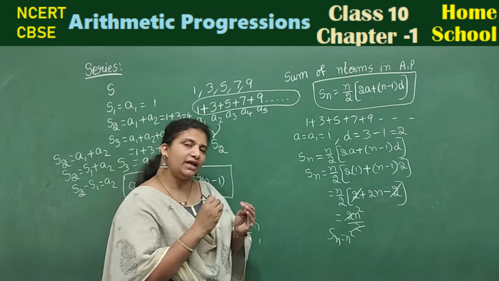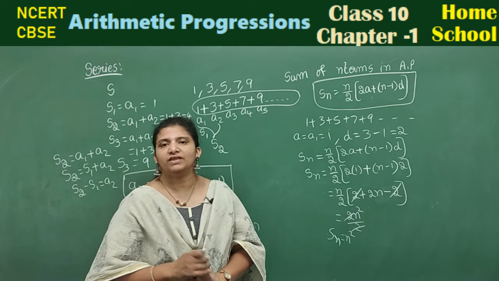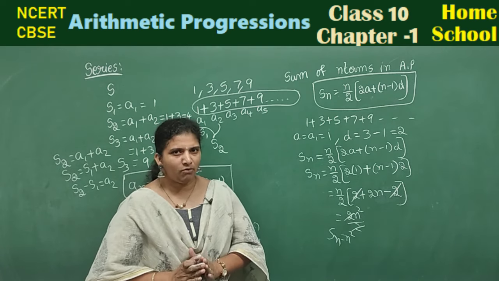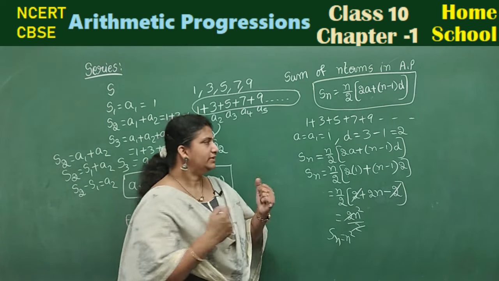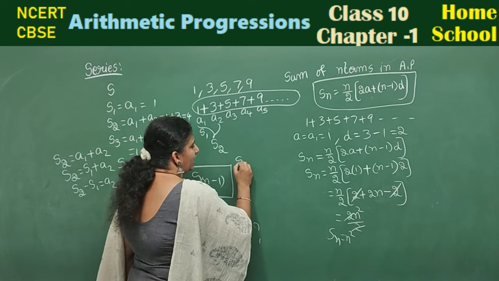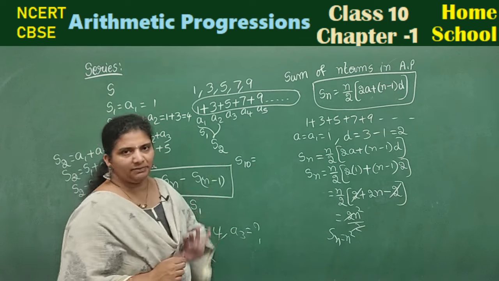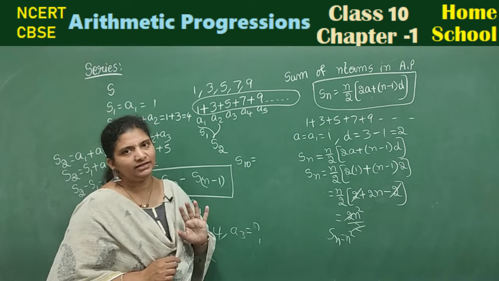Suppose if they give an infinite series and ask you the sum of 10 terms. Sum of 10 terms means I need to calculate S10. Same formula. The n value you need to take 10.